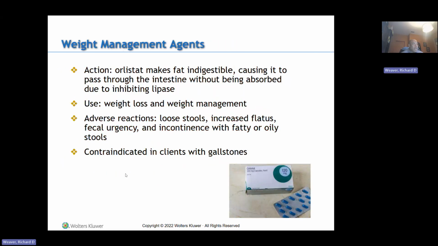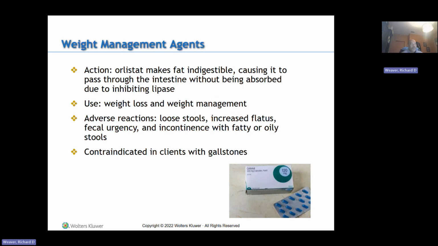Now, as far as weight management, you guys have probably heard of some of this. One of the drugs that is used for weight loss is your orlistat. It makes fat indigestible, so these patients are not able to digest fat. That's what this drug does. It causes it to pass through the intestine without being absorbed due to inhibiting lipase.